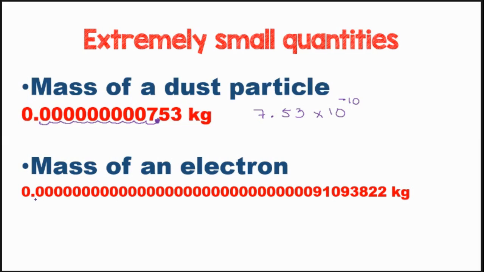Let's do it. 1, 2, 3, 4, 5, 6, 7, 8, 9, 10, 11, 12, 13, 14, 15, 16, 17, 18, 19, 20, 21, 22, 23, 24, 25, 26, 27, 28, 29, 30, 31. That's tiring. We have 9.109382 times 10 raised to 31.